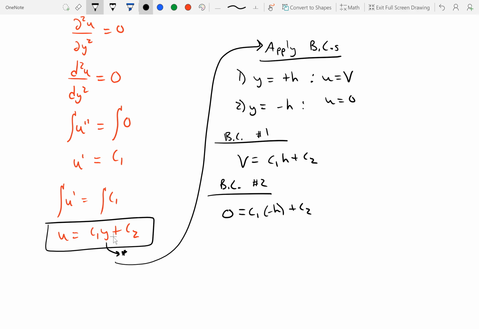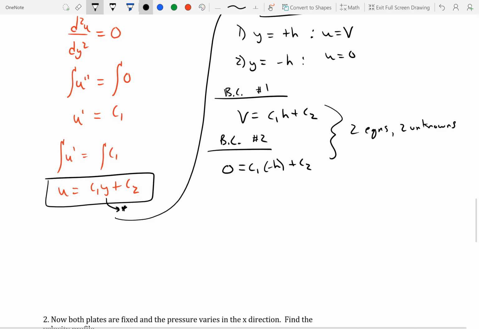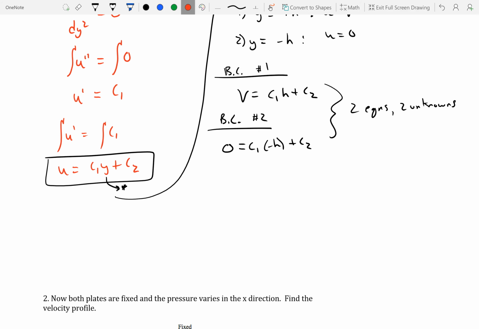What do we get? We have 2 equations, 2 unknowns. And we solve for them, and we end up getting, finally, u equals V over 2H times y plus V over 2, which we can bring over: u equals V times (y over 2H plus 1/2).